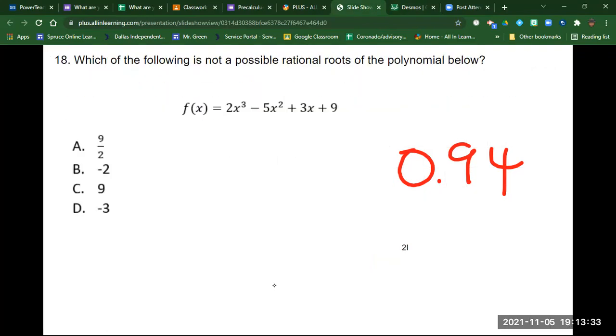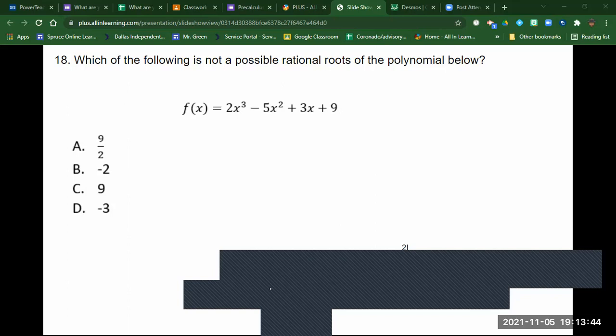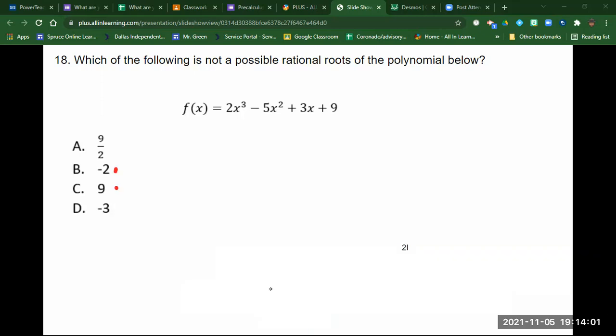All right, so which of the following is not a possible rational root of the polynomial? Well, rational root, it's got to be a factor of 9 over a factor of 2. So A is definitely true. What about 2? Yeah, it can't, just no way. 9 is a factor of 9.